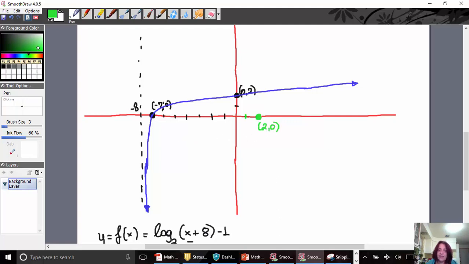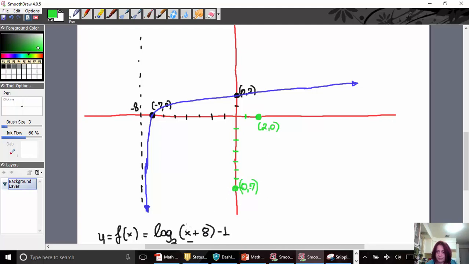Also, since negative 7, 0 is a point of the logarithmic function, then 0, negative 7 right here is going to be a point that belongs to the exponential function.